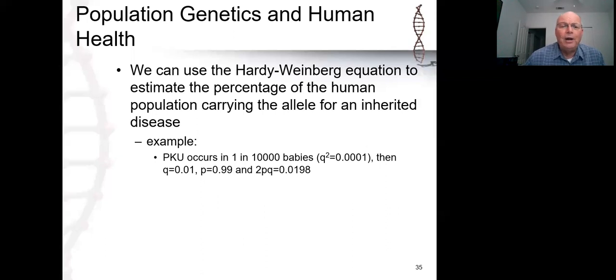It's the reason why there are warnings on diet sodas that contain aspartame or NutraSweet for phenylketonuria, people who have this condition, because aspartame is actually a dipeptide, two amino acids that are linked together in such a way that they can bind to the sweet taste buds in your mouth, and you detect it as being sweet.